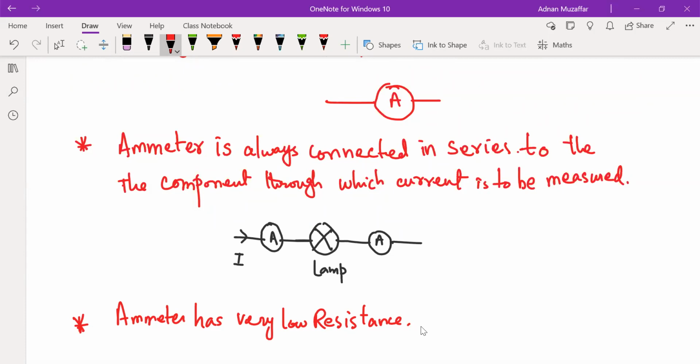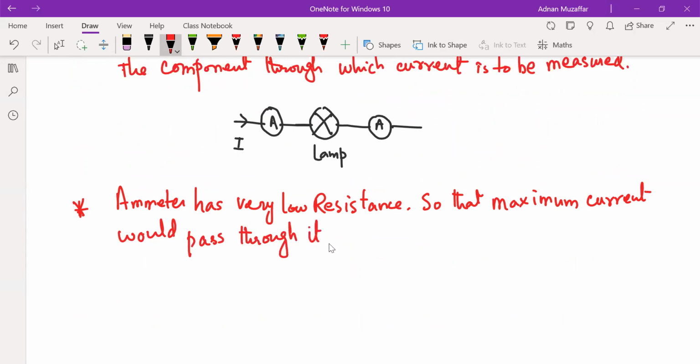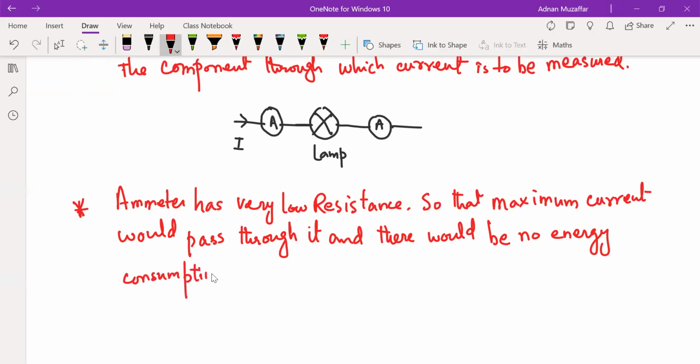So that maximum current can pass through it, with the least current loss, and there would be no energy dissipation, energy loss, or energy consumption by the ammeter.